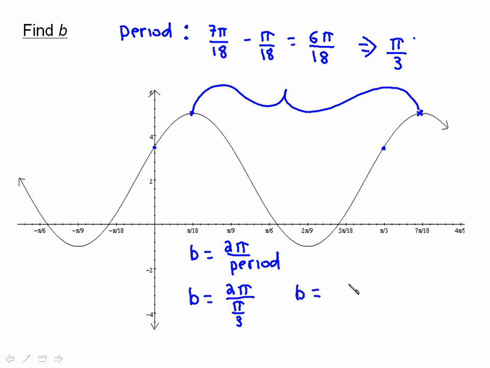But 2 pi times 3 over pi would give you a b value of 6. So we're getting very close. We have our A, our B, and our D, and those do not change. So we, at this stage, just have to find out the correct C values.